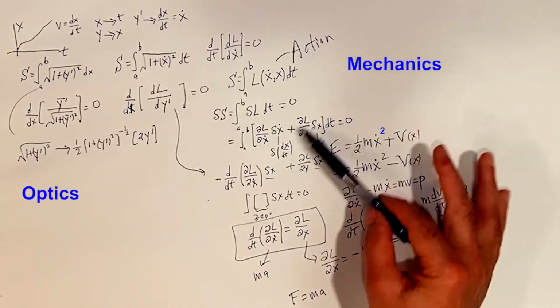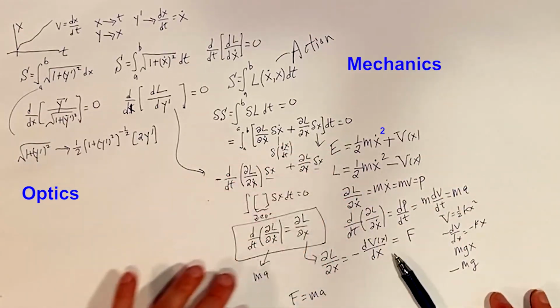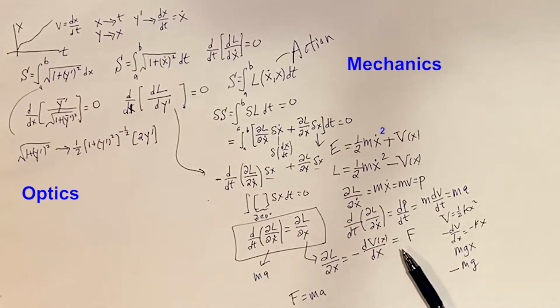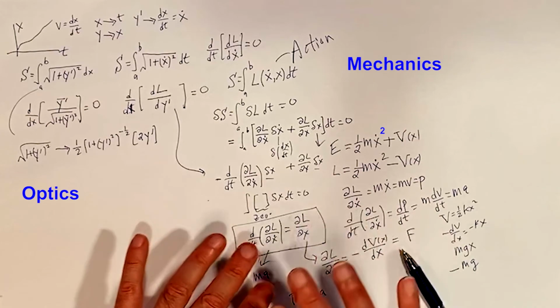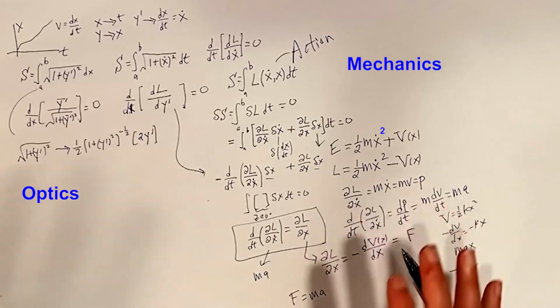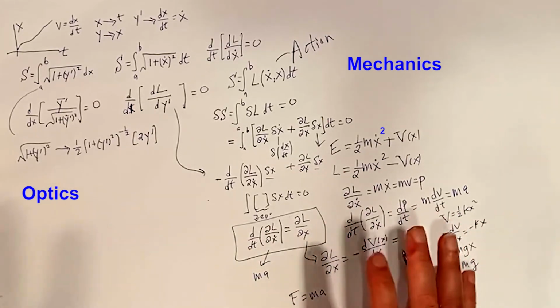Now, we're not going to worry about this in our course. This is an extra bonus. You're going to study that in detail in your mechanics class, and that's the proper place to work with that. I just wanted to make the connection to show you how optics and mechanics both have minimization principles.